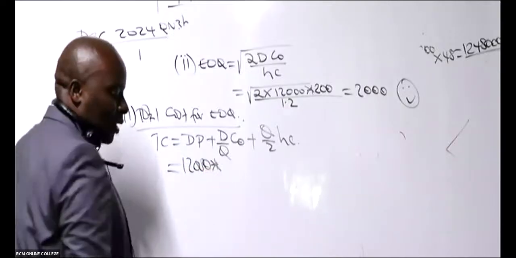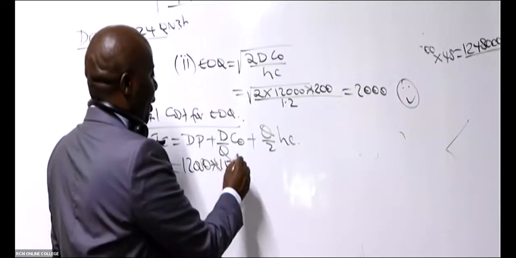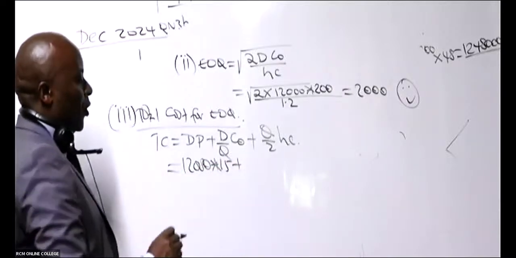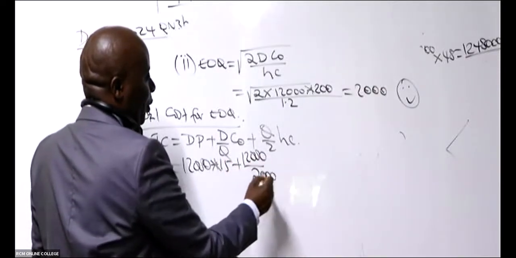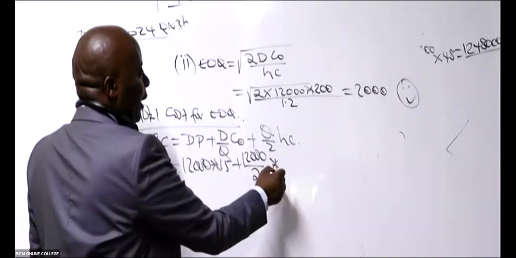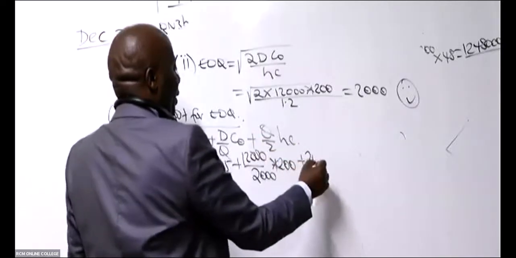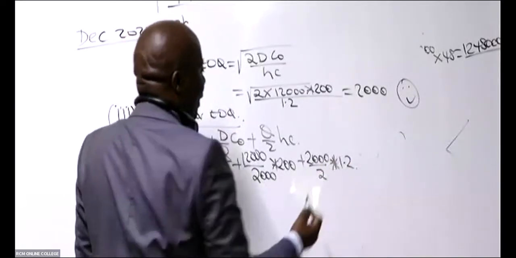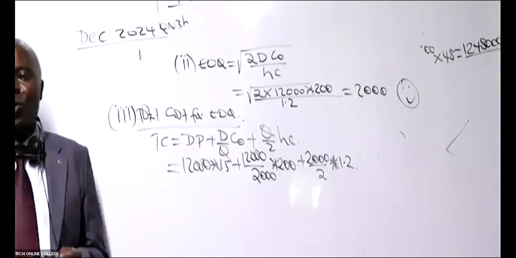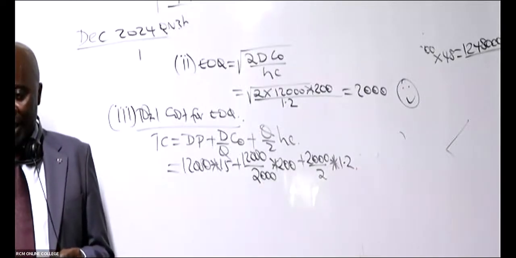The price per unit was 15 per unit, plus D over Q: 12,000 divided by Q, which you got as 2,000, times Co, which is 200, plus Q, the EOQ, times the holding cost of 1.2. So at the end of the day we shall end up getting something.